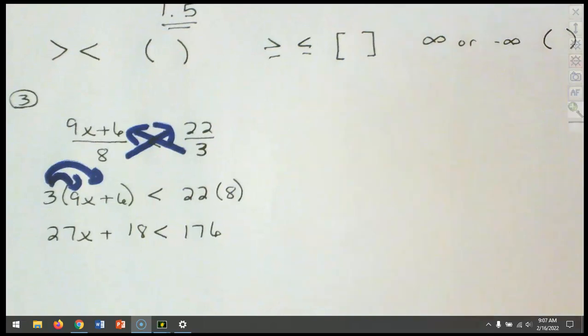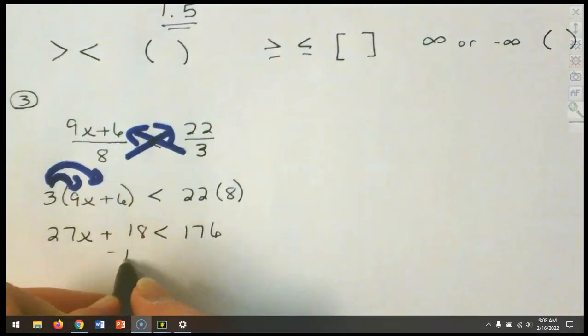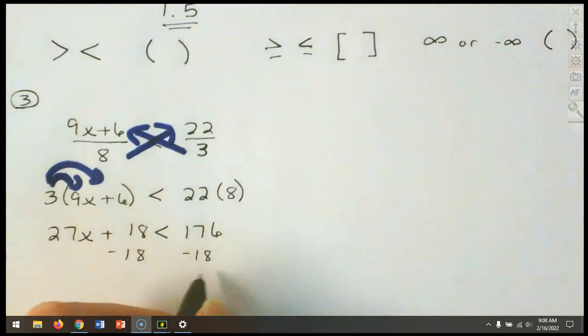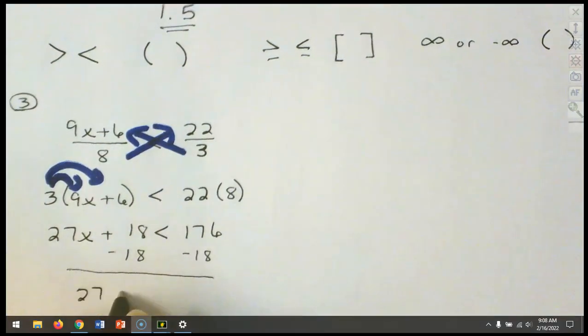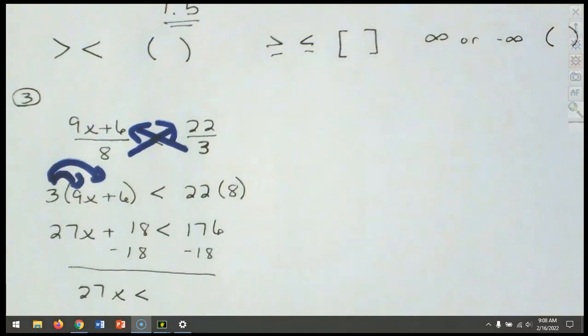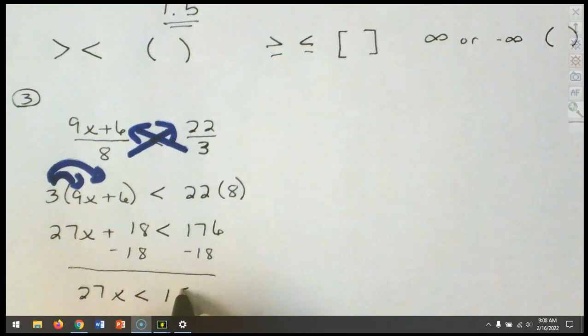That's all we did. Move that 18 over. And when we move that 18 over, that leaves you with 27x is less than 176 minus 18, which is 158.